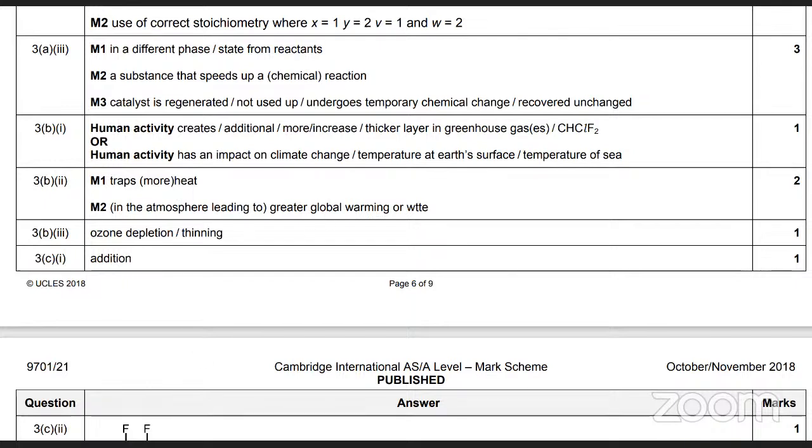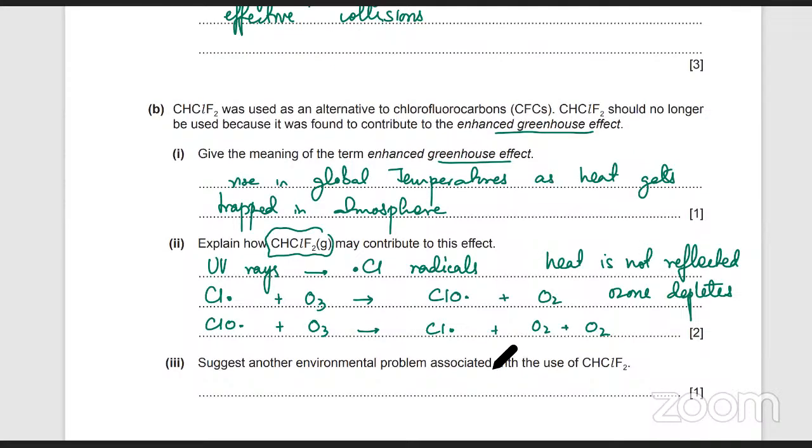We thought of it as one point, but it's actually two different points: trapping heat and ozone depletion. The ability to trap heat is an inherent property of a compound. For example, carbon dioxide traps a lot of heat. Bigger molecules generally tend to trap a lot of heat. That's a different property, and the ability to actually destroy the ozone is a different property.